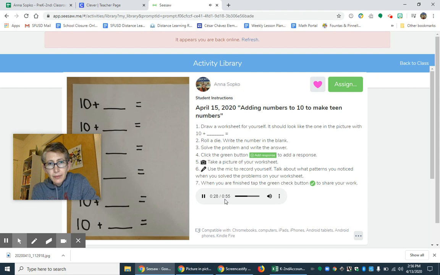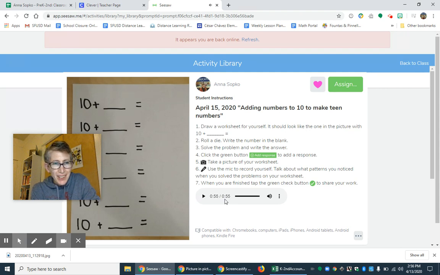Fourth, click the green Add button to add a response. Fifth, take a picture of your worksheet. Sixth, use the microphone to record yourself. Talk about what patterns you noticed when you solved the problems on your worksheet. Seventh, when you are finished, tap the green check button to share your work.